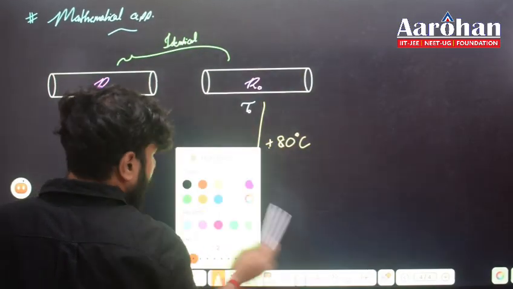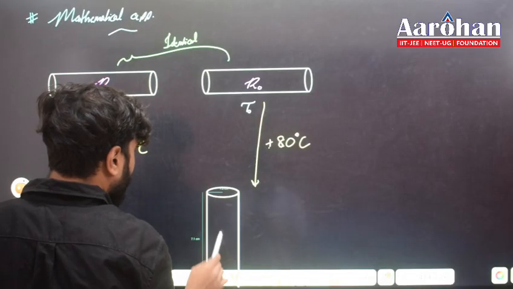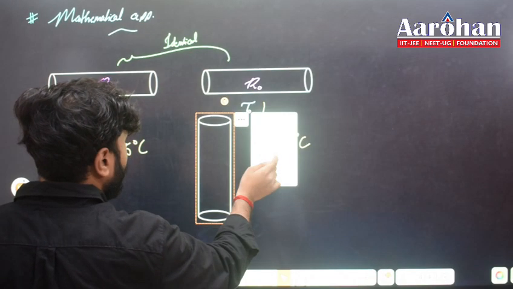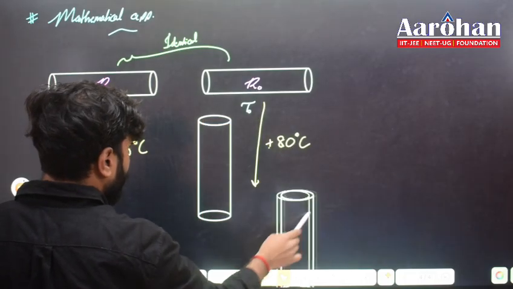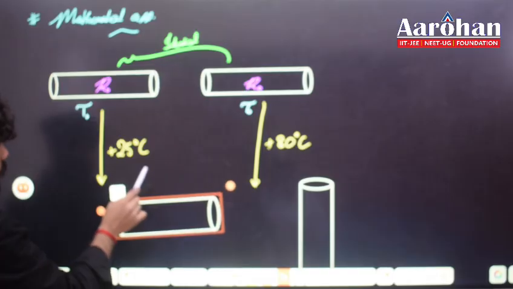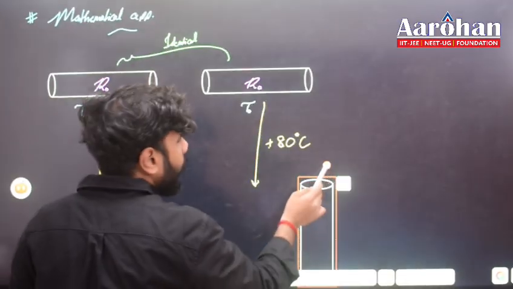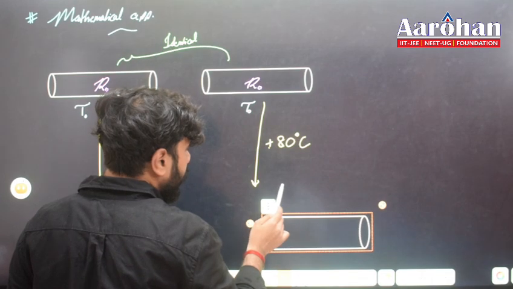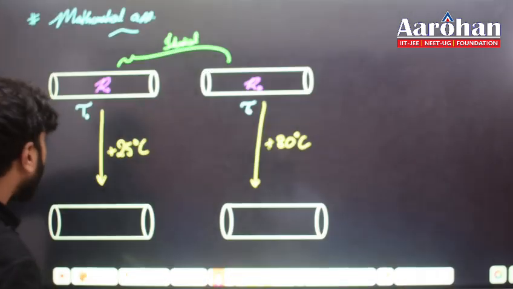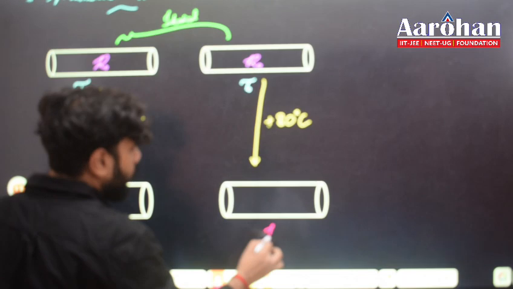So here what you will find is that the material with the smaller change in temperature will also have increased resistance. This will also have increased resistance, but the difference will be here. Let's say this resistance becomes R1, this resistance becomes R2.